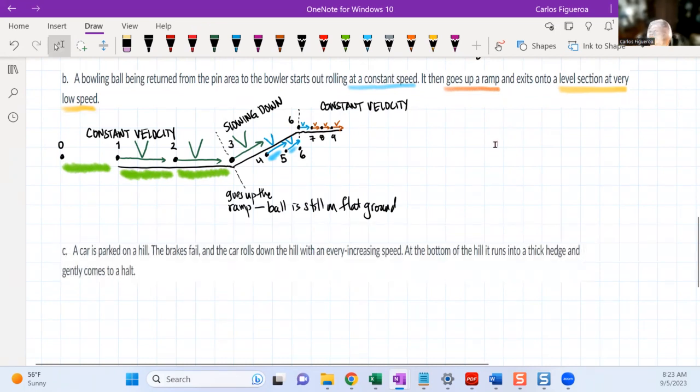Okay, it says a car is parked on a hill. The brakes fail, and the car rolls down the hill with an ever increasing speed. At the bottom of the hill, it runs into a thick hedge and gently comes to a halt. Okay. So when I look at this, what am I seeing here?